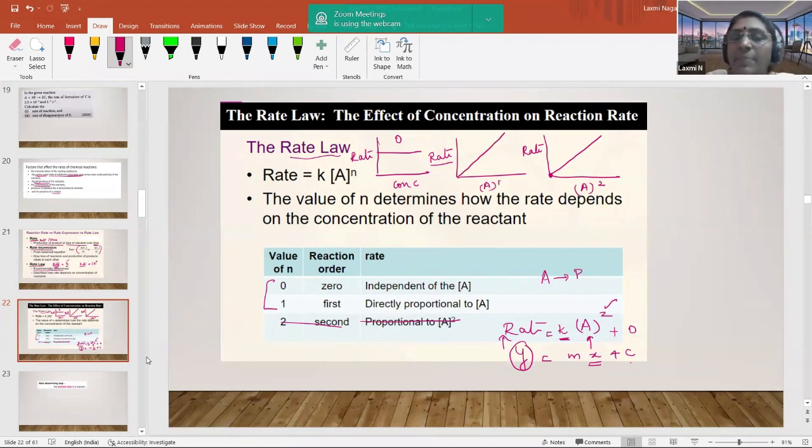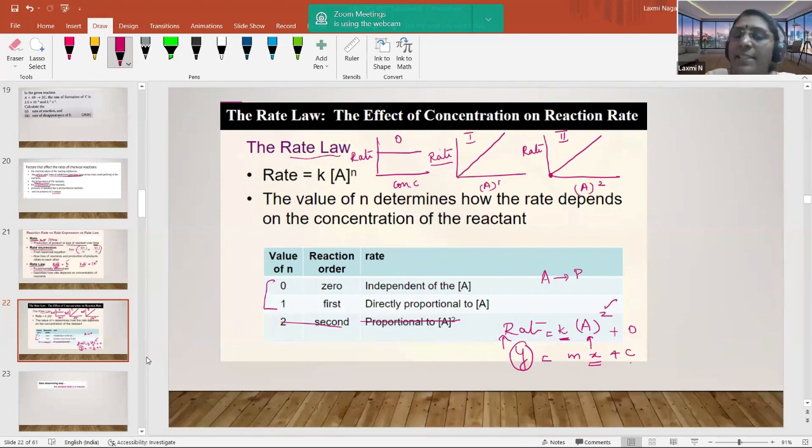And in a way, this becomes a check. Supposing the reaction is a second order reaction and you are trying to plot rate versus A to the power 1. What will you not get? You wouldn't get a straight line.